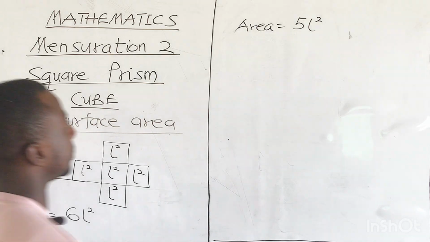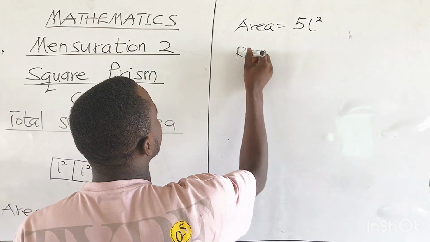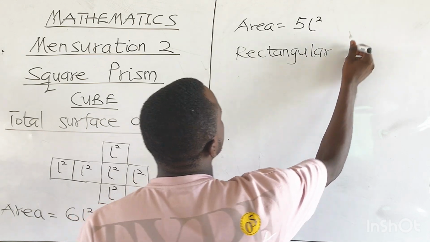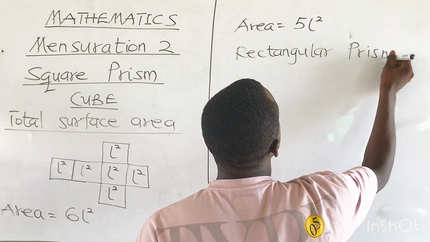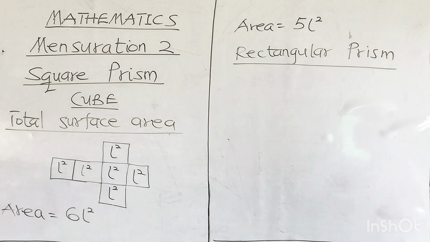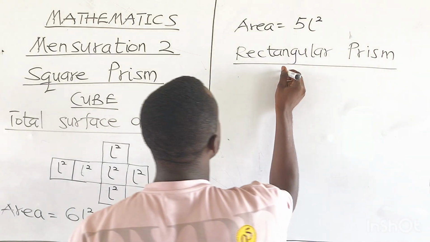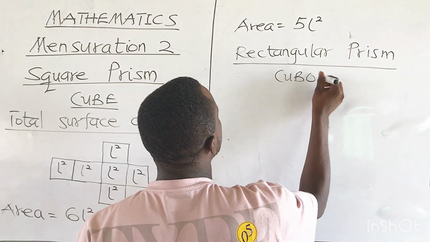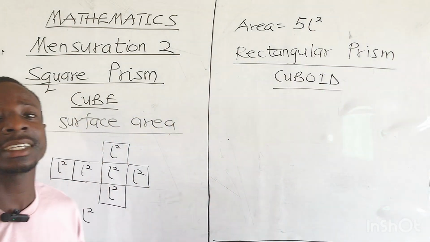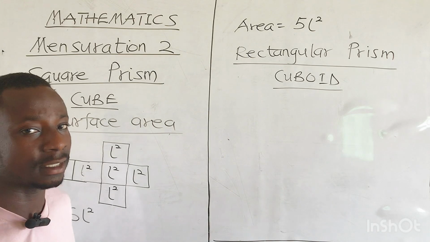Now, we are going to look at the rectangular prism. Rectangular prisms, we also call it the cuboid. So every cuboid has a rectangular base.